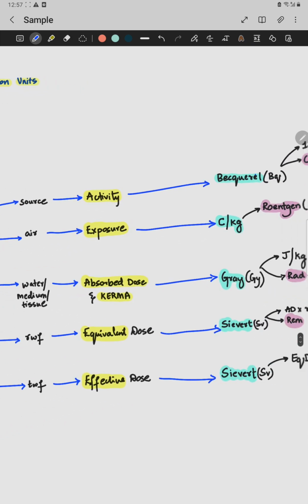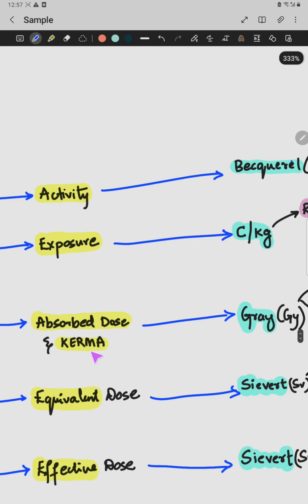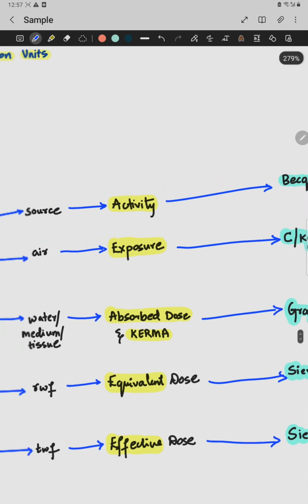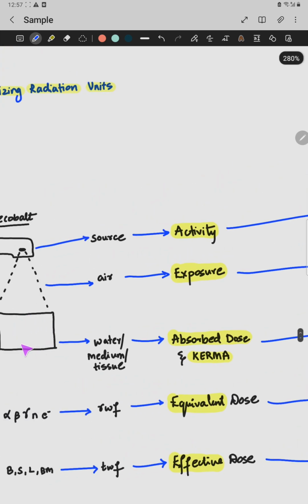Now coming to equivalent dose. Absorbed dose is for only 1 kg of the mass that we are seeing, but we are not considering what kind of radiation is being used, either alpha, beta, gamma rays, neutrons or electrons. Based on these, we have the radiation weighting factor.